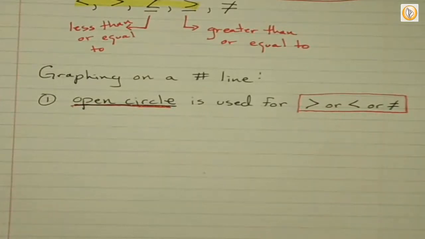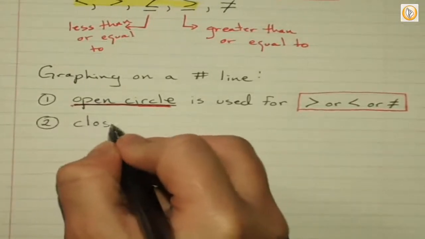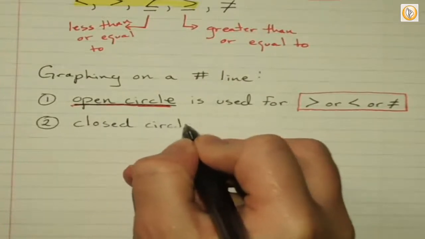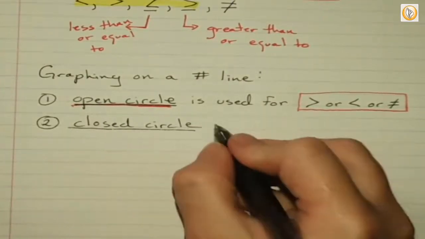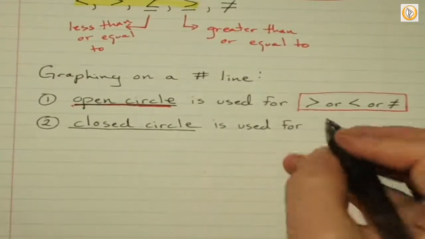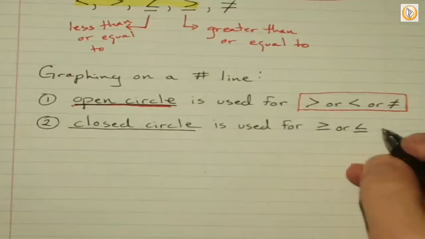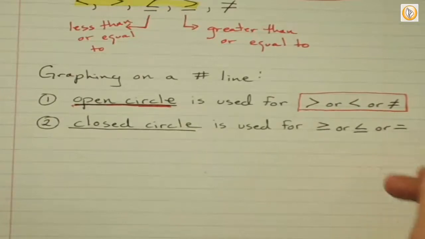Trust me, I'll give you examples. Is equal to an inequality? I'm going to show you examples. Equal to, yeah, we use that, but not very often. This is for when we're graphing. Closed circle is used for greater than or equal to, or less than or equal to, or equal to.